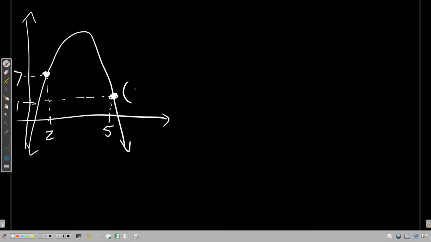So then that means our parabola goes through the points 5, 1, and it goes through the point 2, 7. Then you need only find the slope of the line through those 2 points. The secant line. You want the slope of the secant line through those 2 points.